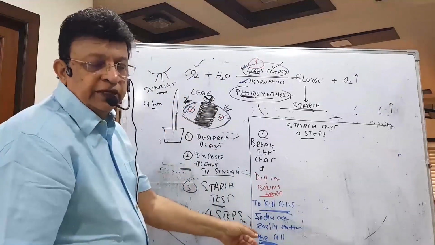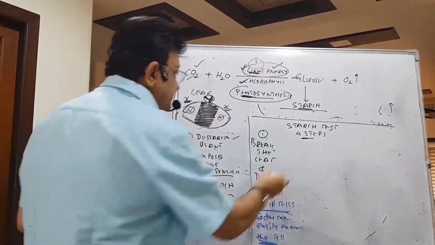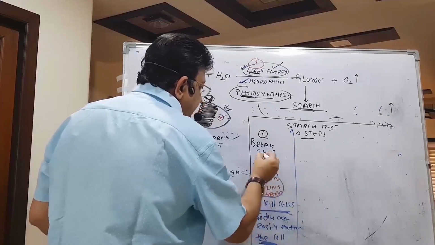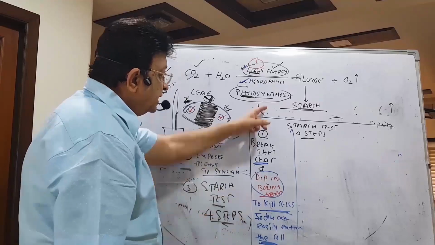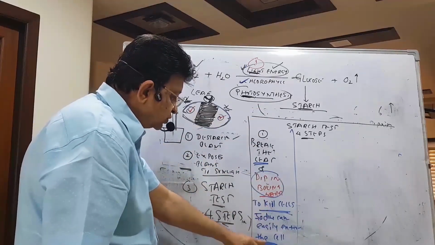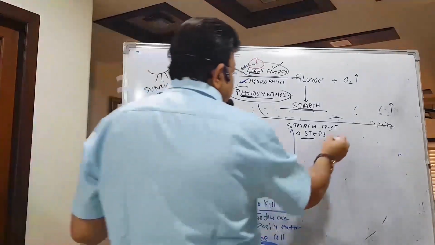And if at all there is starch, it will give me a test for all the starch tests. Next, so the first key step then is to break the leaf and dip in boiling water to kill the cells so that when I add iodine, the iodine should reach the cell, which I have told you, by destroying the semi-permeable membrane.